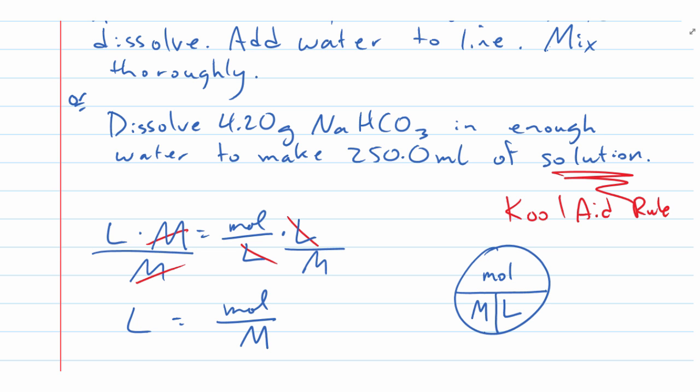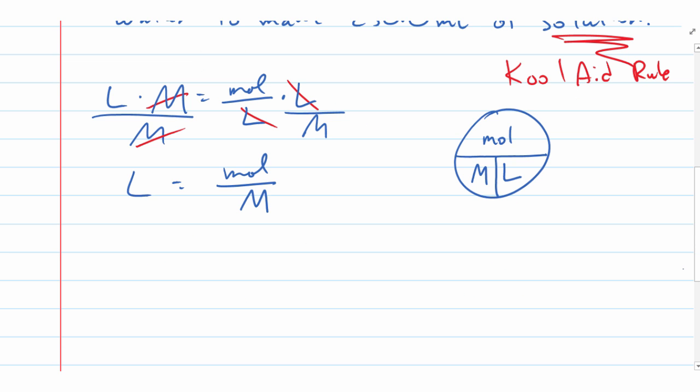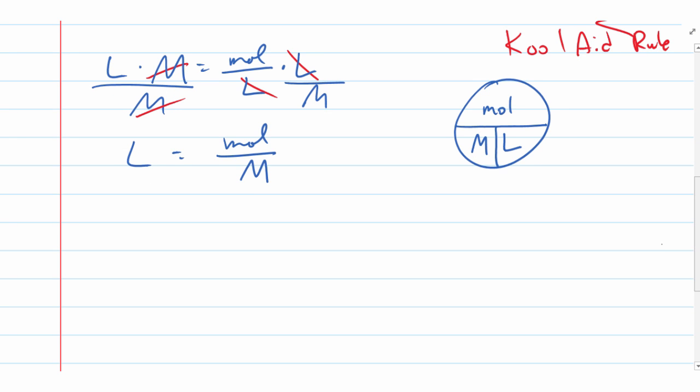If we want to find the number of moles, it tells us we take molarity times the number of liters. So the molarity pie works well for these. Okay, and that takes us through molarity calculations. Any questions on molarity calculations?